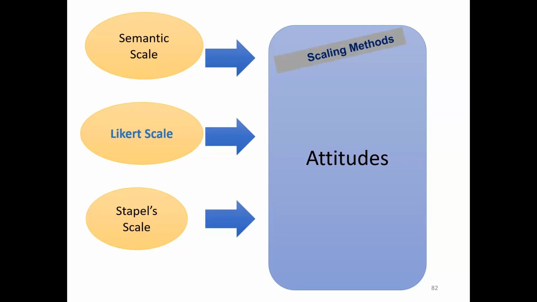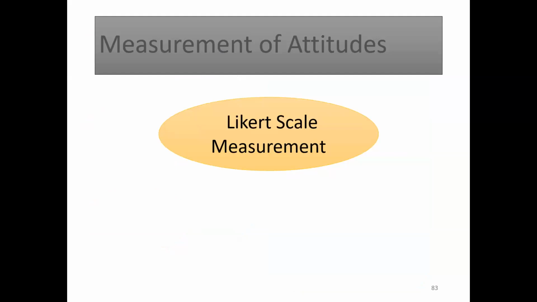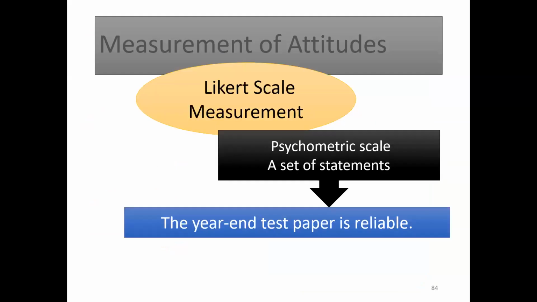Likert scale measurement means you are giving a very short sentence. The year-end test paper is reliable. The students can't understand this one. Teachers can understand, so if you are giving it to the teachers, this is okay. But for the students, this is not good, so you have to reword the sentence. A short sentence is given.